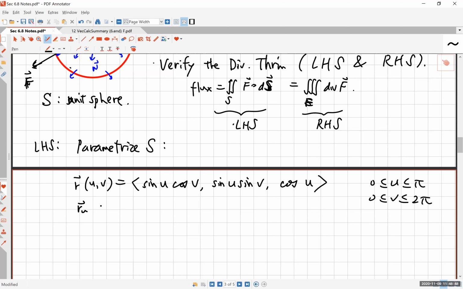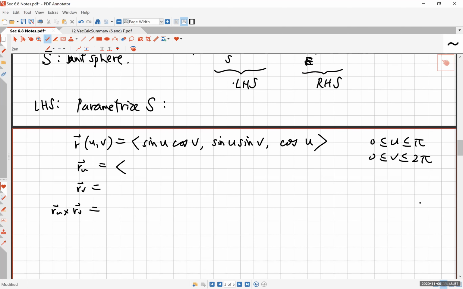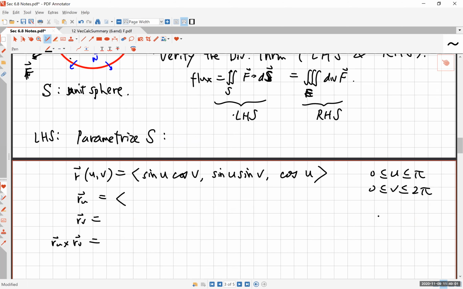Okay, so you can do r_u and r_v, and we can do the cross product. This is sort of automatically done. If you have been studying this, you know that you have to calculate these things in order to find the double integral, which is on the left-hand side of the divergence theorem. All right, so what's r_u?